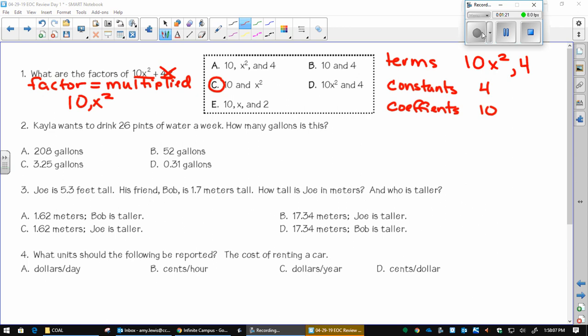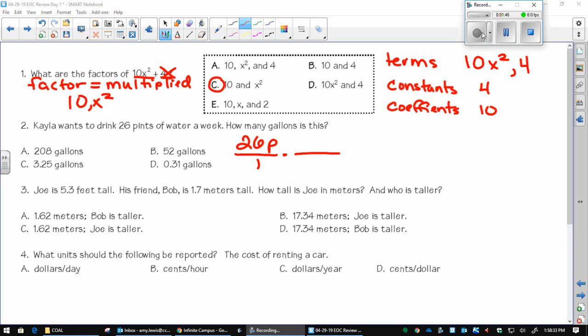Number 2 is a dimensional analysis problem. It says, Kayla wants to drink 26 pints of water a week. How many gallons is this? So again, we can set up a long chain of fractions to convert pints into gallons. We'll start with 26 pints over 1, and we're going to set up a fraction.